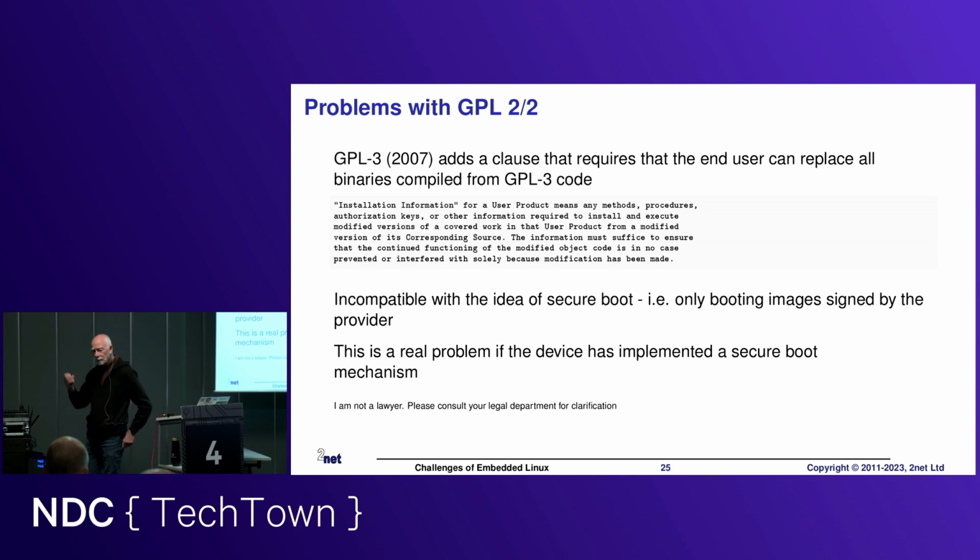GPL 3 is a little bit more tricky. So there's a clause in GPL version 3 which talks about providing installation information for user products.